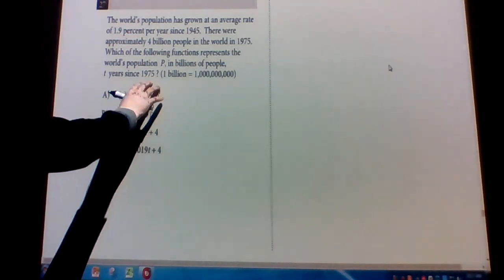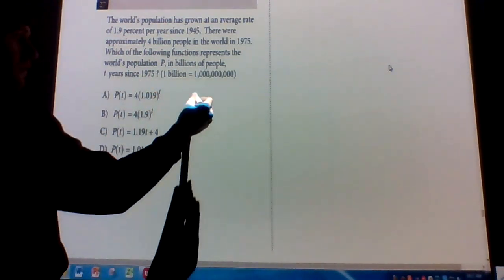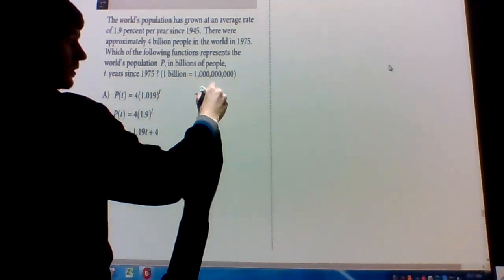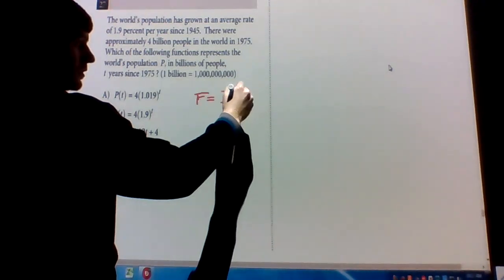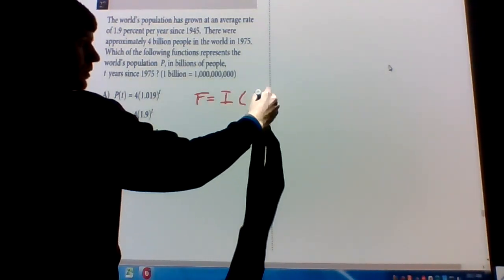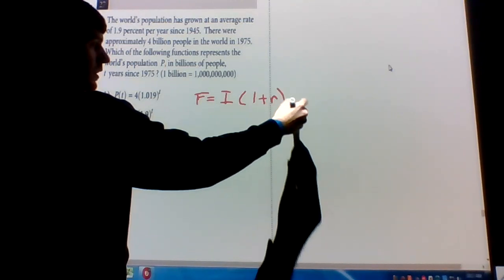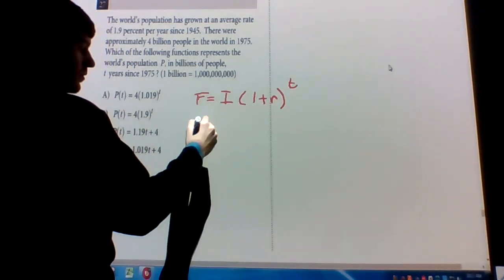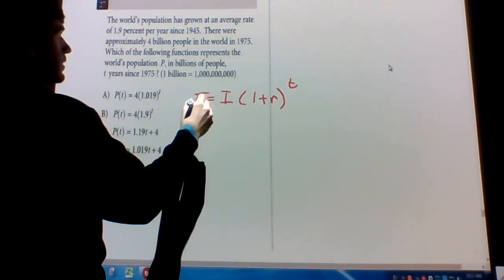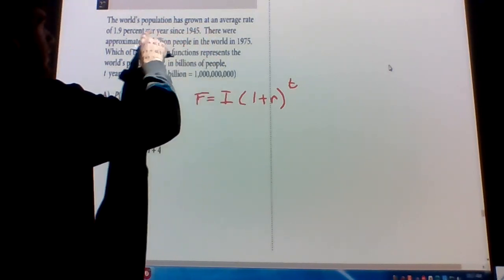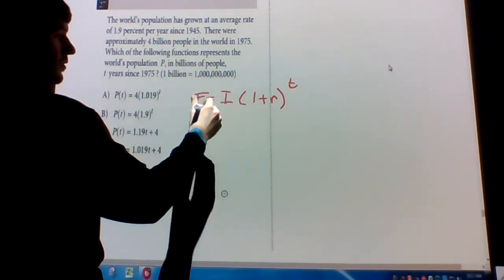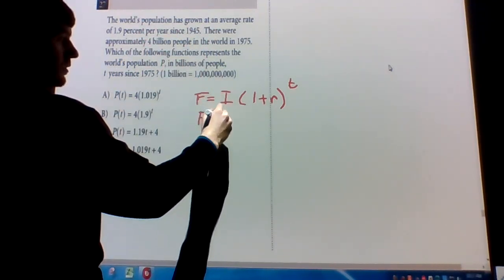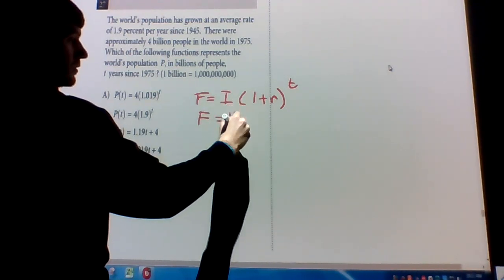Yeah. So we're going to use 1975 as our base year. So again, final equals initial, and then you have 1 plus some rate to the T, right? So final is what we're looking for. Our initial was 4 billion.